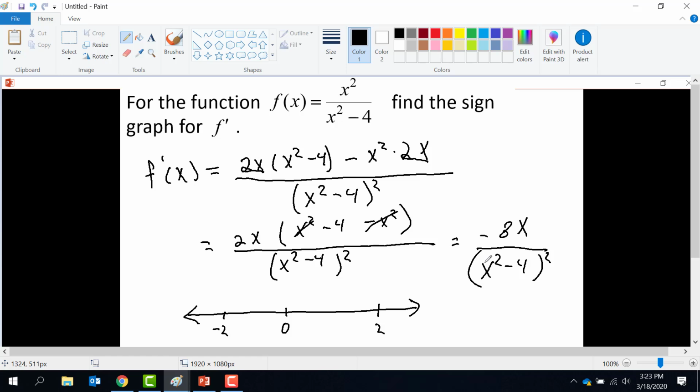Because the denominator is being squared, the denominator is always positive, so the sign of the derivative is solely determined by the numerator. Negative 8x is a line that is decreasing, so to the left of 0, it's a positive number, and once we get past 0, it's a negative number.